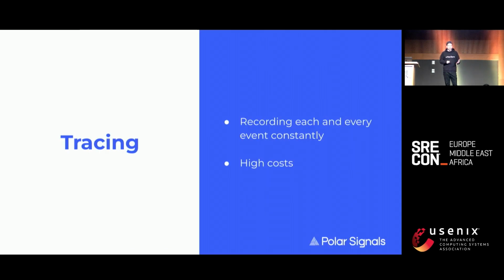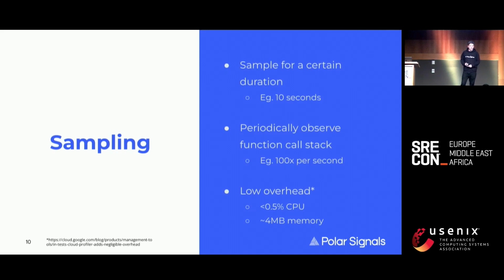There are different approaches to profiling. One is tracing, and tracing is quite expensive, but because it's so expensive, you also get everything that is happening in your system. You really trace everything, and you can dig into everything after the fact. Most of the time, sampled profiling is what people use.